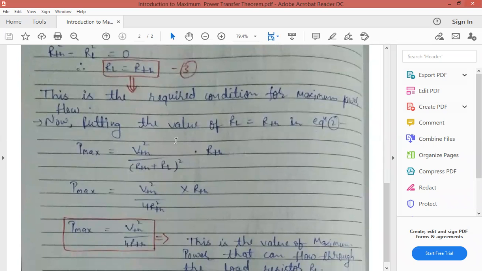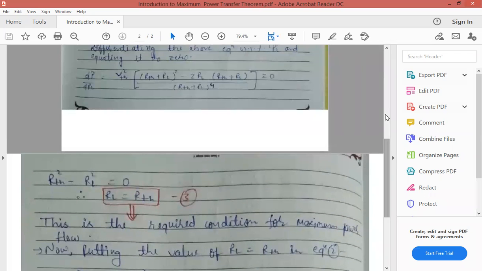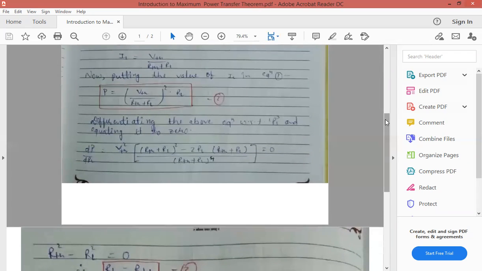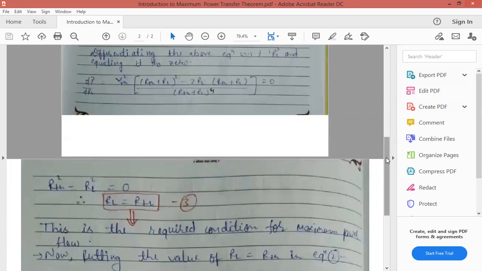Now we will put the value RL equals RTH in equation 2. Equation 2 is P equals VTH upon RTH plus RL whole square into RL. Now we put RL equals RTH.